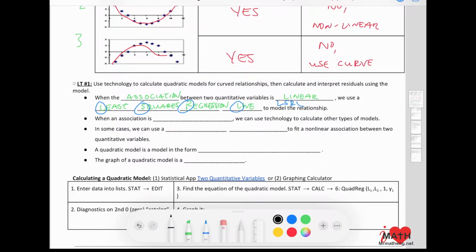When the association is nonlinear, we use technology to calculate other types of models.